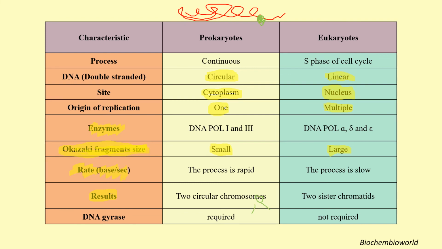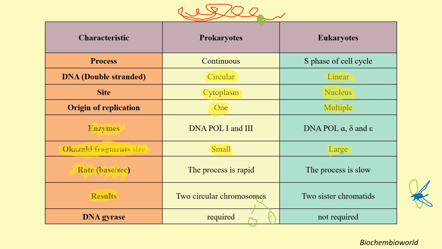In prokaryotes, from the double-stranded circular DNA, I'll get two circular chromosomes, whereas in eukaryotes, this is a single chromatid. After replication, it has a sister chromatid like this, joined by the centromere. Sister chromatids are obtained.